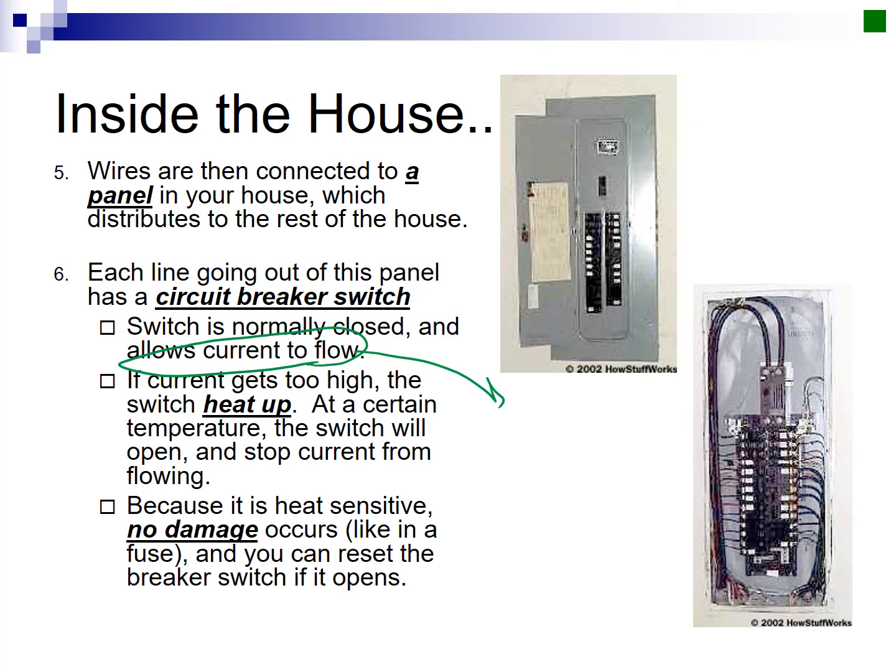Because it's heat sensitive, there's actually no damage to the actual system. So once it cools down or you figure out the problem, you can turn it back on. Once again, it flips off to open this circuit to make sure that you can't run it.